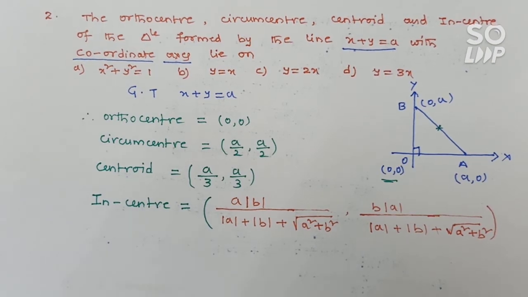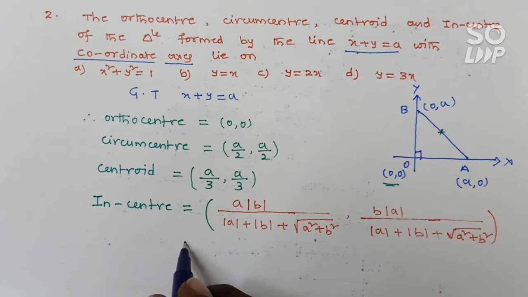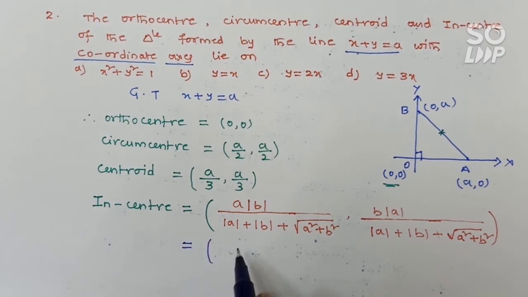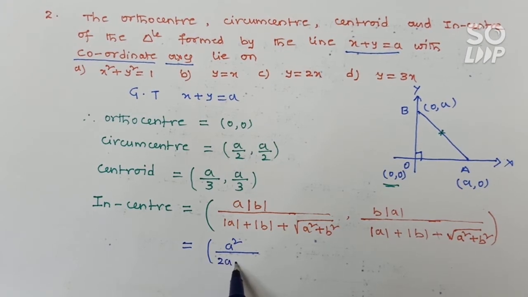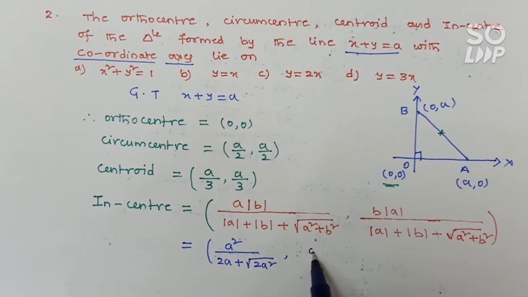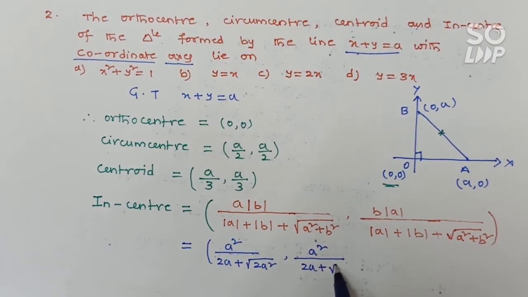So a square whole divided by a plus a, that is 2a, plus root of 2 into a square, comma this one is also a square whole divided by 2a plus root of 2 into a square.